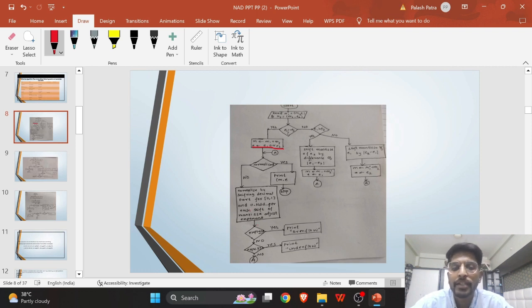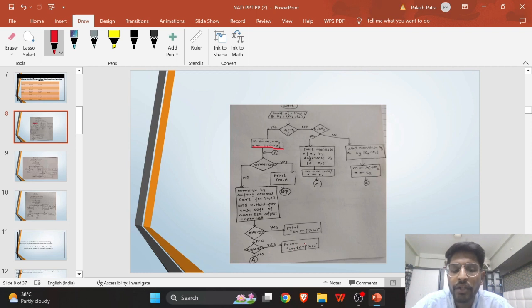And then we check the exponent part. If the exponent part is greater than 99, it is the overflow condition. The overflow condition occurs because the exponent part cannot store more than 99, so it shows the overflow. And if this condition is not true, we check for the underflow part.